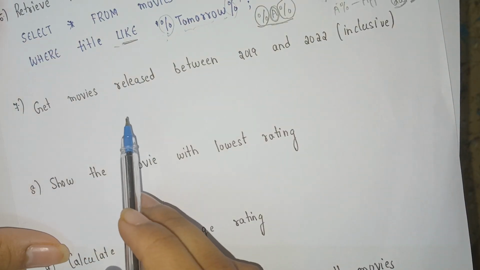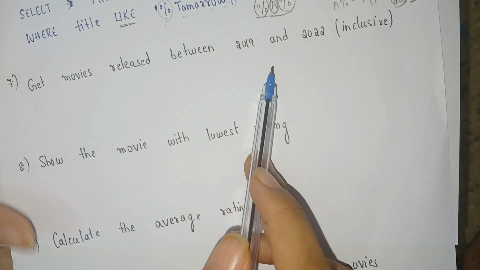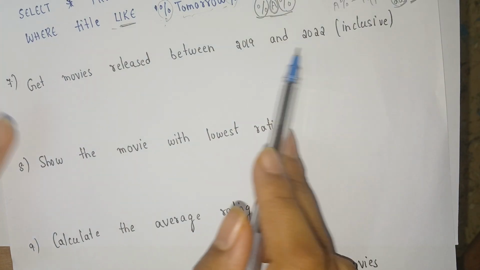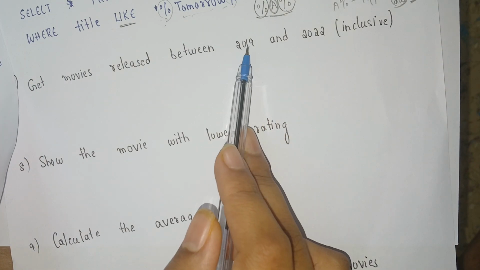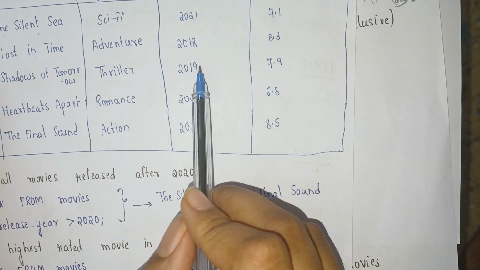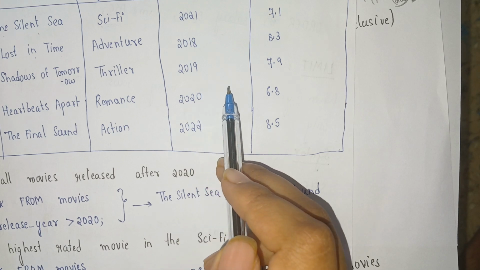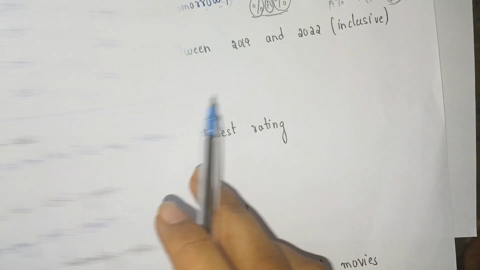So the next question we have is, get movies released between 2019 and 2022 inclusive. Means it should be included, we are including 2019 and 2022. So in release year we have to select the range. The BETWEEN operator can be used here.